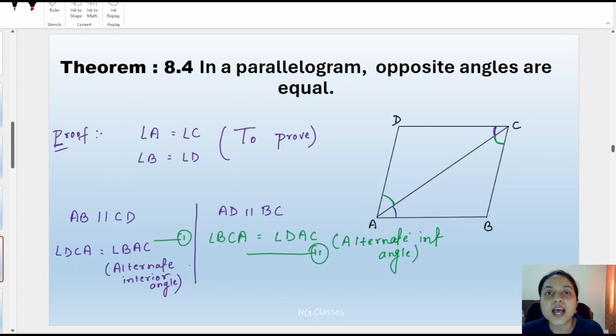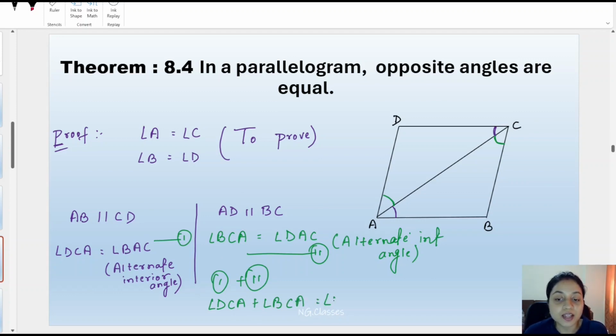So whenever we are adding two equations, we must add left hand side with left hand side and right hand side of one equation with right hand side of another equation. So let's add BCA with BCA. Angle DCA plus angle BCA is equal to angle BAC plus angle DAC.